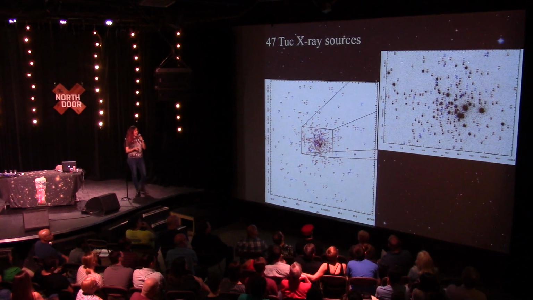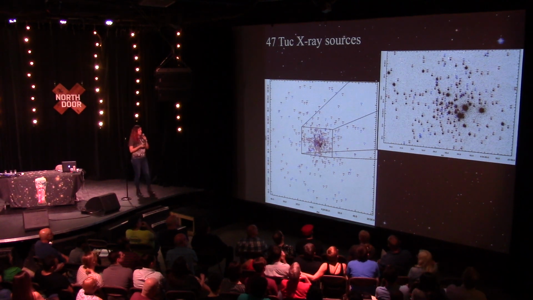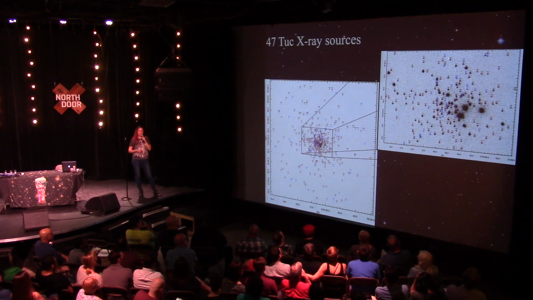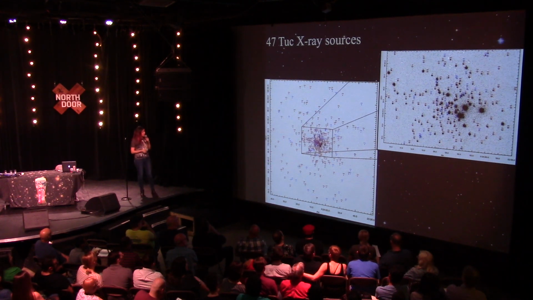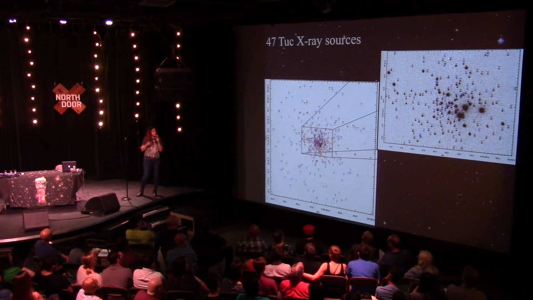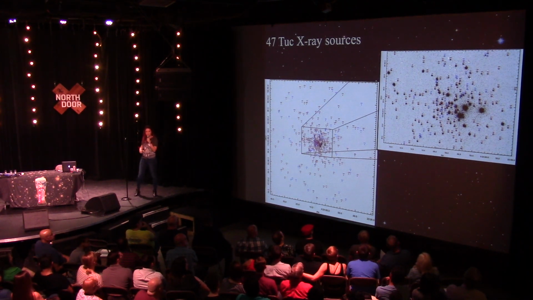So how do people look for the other types of evolved binaries, the millisecond pulsars, the cataclysmic variables, the X-ray binaries? Usually what people do is they get X-ray images.